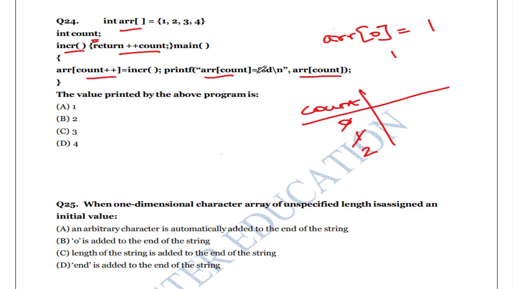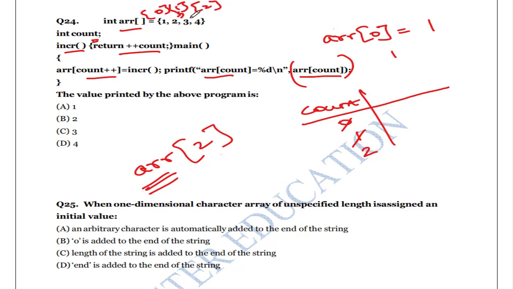Printf ARR count equal to percentage %d. So it will print this value, ARR of 2. So what is the value in array location 2? So this array location of 0 is here, and in one location it is 2, and in 2 location it is 3. So the answer is 3.